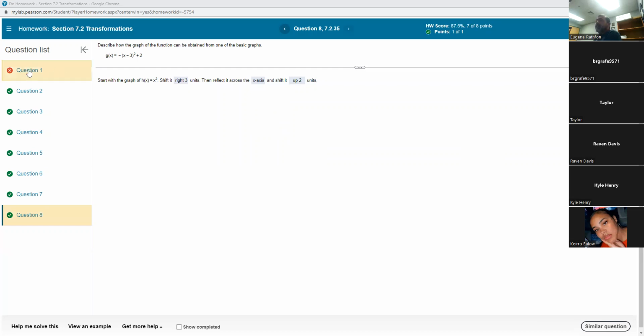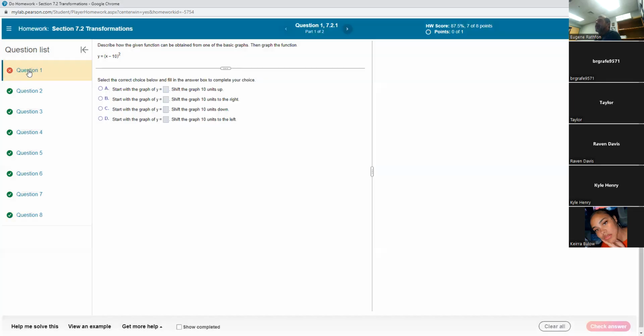Oh, let me take this one. We missed one somehow. I don't think I answered it, I guess. All right, so we're going to go back and do this so we can get this in right. X minus 10 squared. So what is that minus 10 doing to this graph?